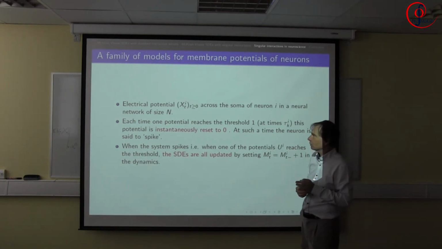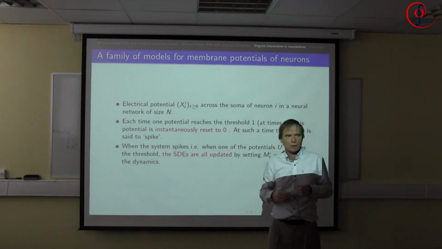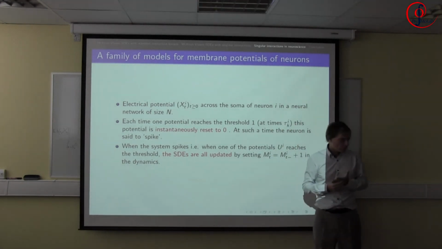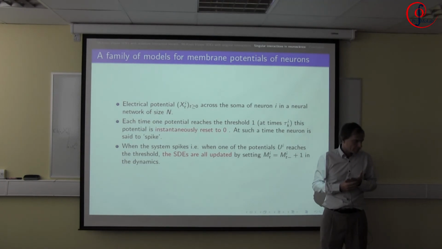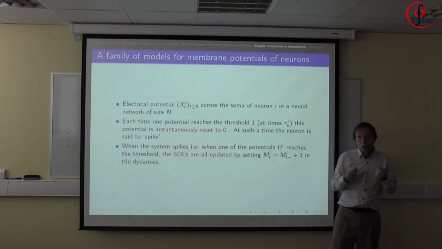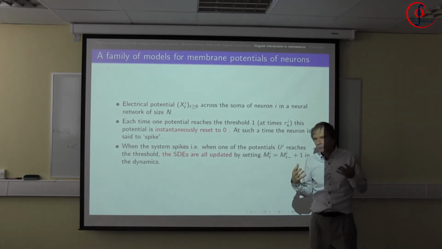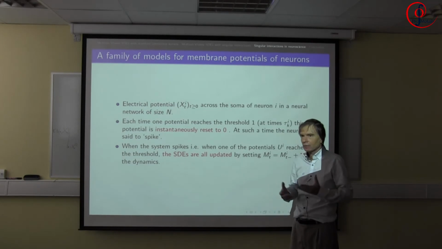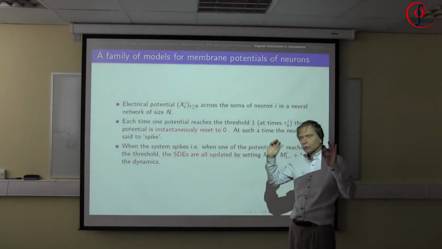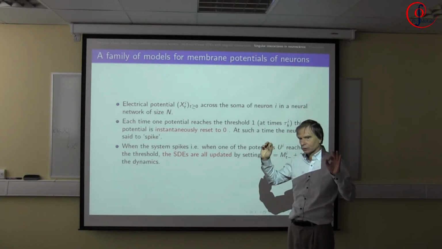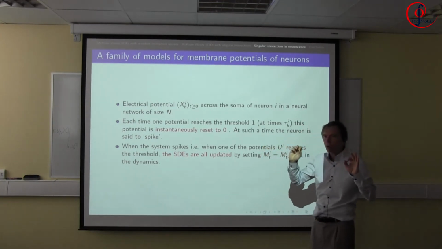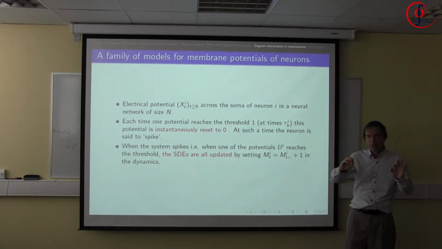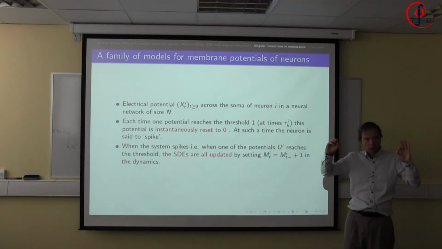And biologists used to think that the brain codes information, at least partially and sometimes mainly, not by the values of the electric potentials, but much more by the sequence of times at which the membrane potential reaches a given threshold.